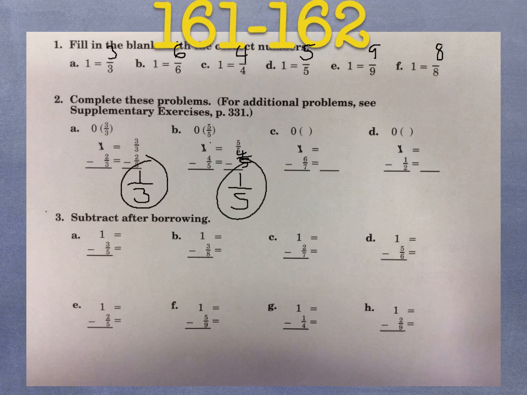Okay, C. They show us we need to borrow from the 1. And they've left this empty for us to decide what's going to go in there. Since this is 6 over 7, since it's a 7 at the bottom, in the parentheses I want you to put 7 over 7.